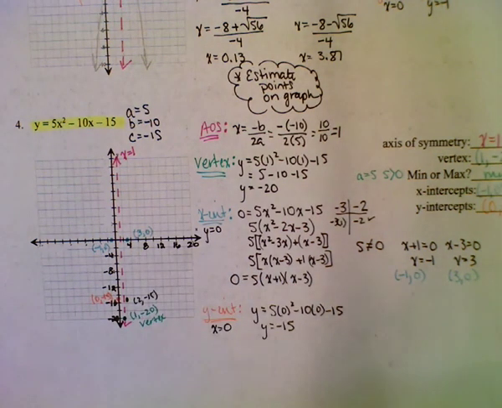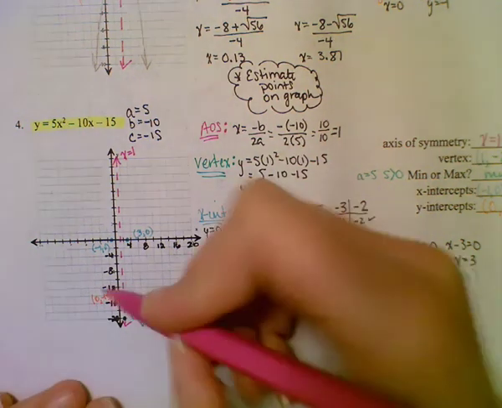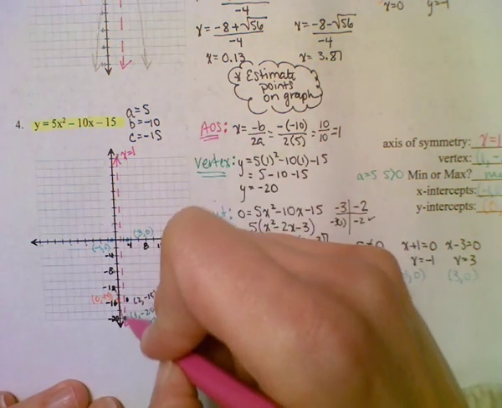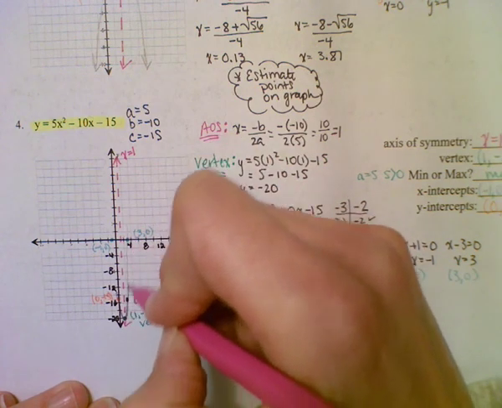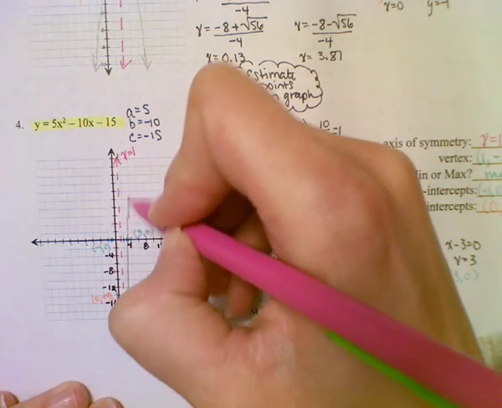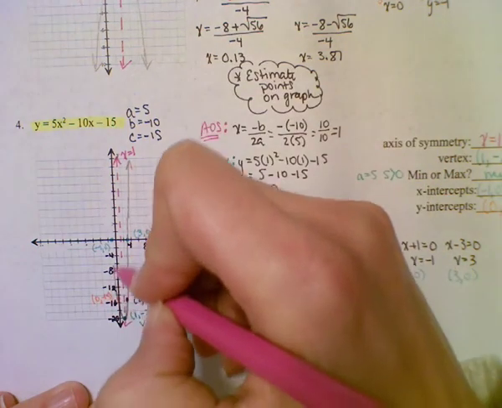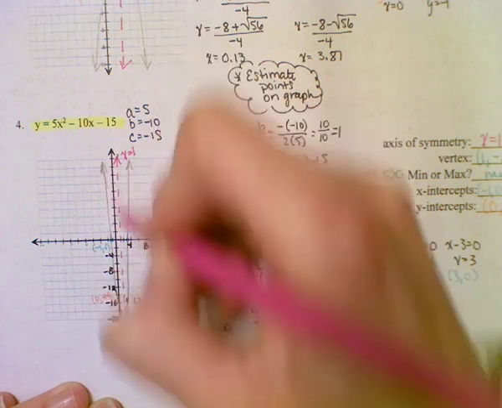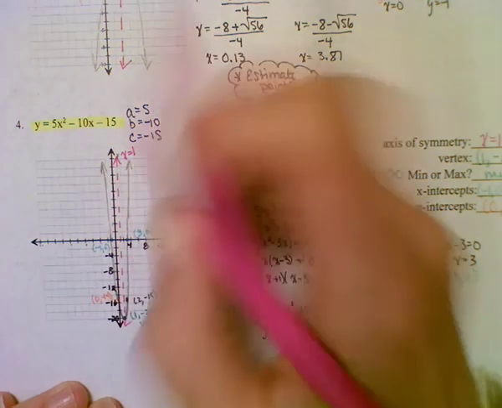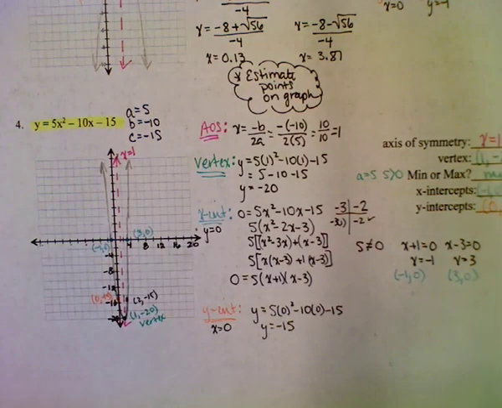And finally, we can connect the dots, and this is a skinny, skinny parabola. There it goes, all the way up. Remember to extend your lines all the way up. And there we go. All right, so that is graphing quadratic functions.